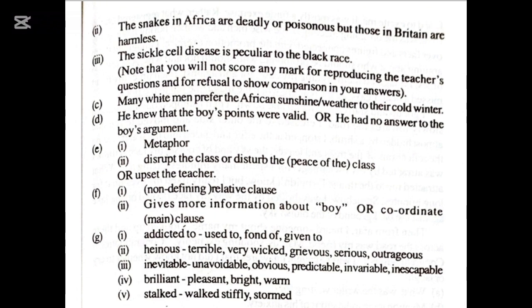It's talking about who? A boy. It gives more information about a boy who is arguing or trying to state his or her opinion concerning the teacher's argument. So it gives more information about the boy, or it modifies the boy in the main clause.